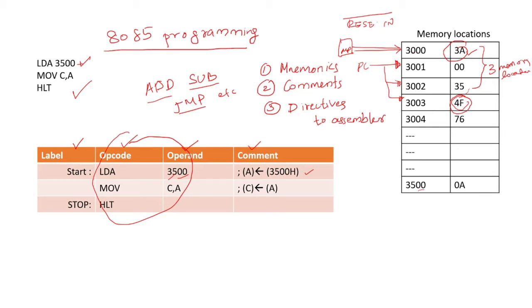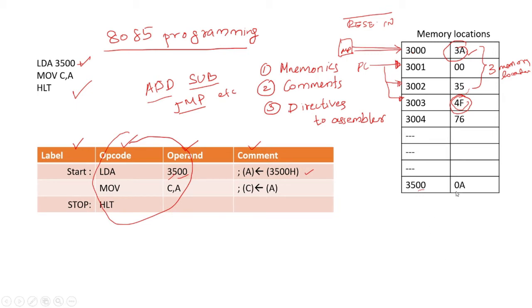Instead, we need to handle this movement through the accumulator. That means, first of all, we need to move the content which is outside the microprocessor, available in memory, into the accumulator. Then from the accumulator, we can move that into any of the registers. That is the process which usually happens in the case of 8085.